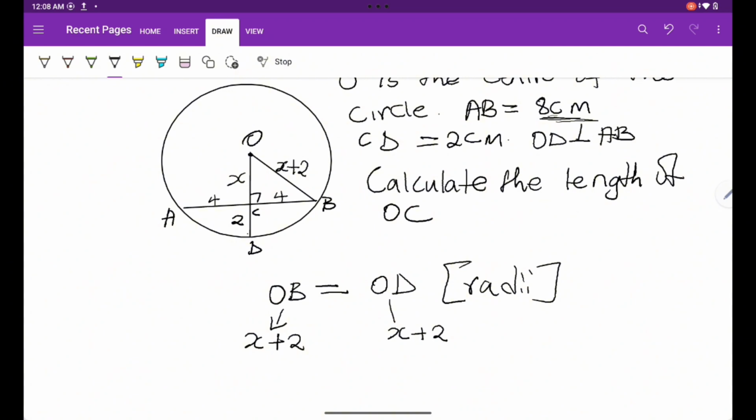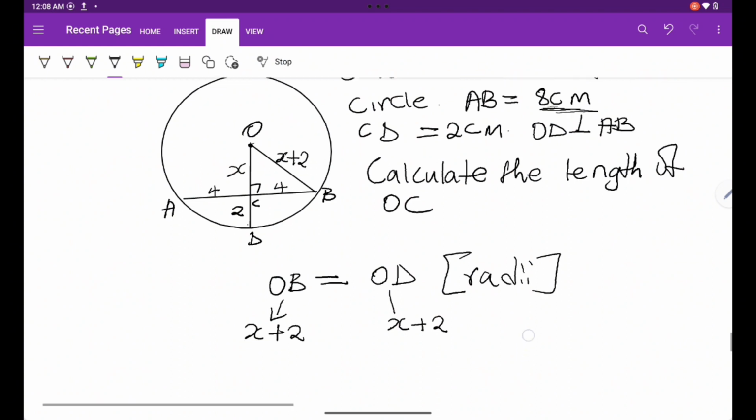Now if we look at our triangle OBC, we have all the sides: OB is X plus 2, CB is 4, and OC is X. Now we can apply the theorem of Pythagoras to calculate X.